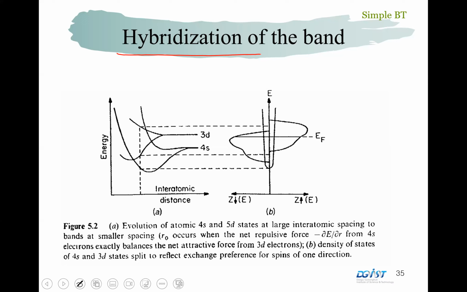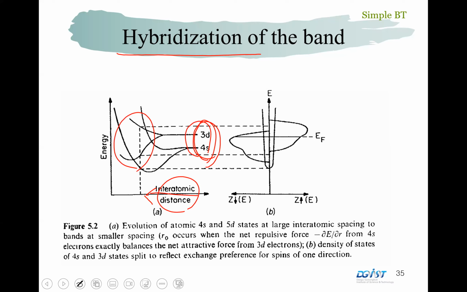It's very clear for isolated atoms. If we have separate atoms, meaning the distance between atoms is very large, we have clearly distinguished energy levels. But when we shrink the distance between two atoms, they start to interact, and these energies mix and form such a band structure.